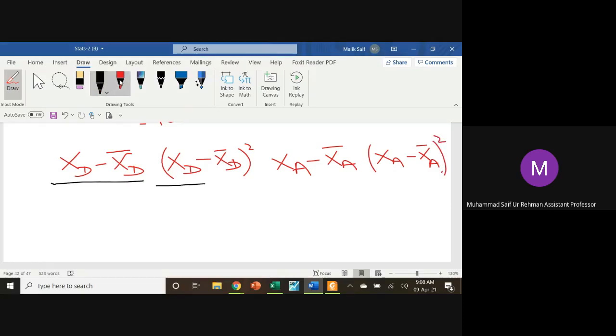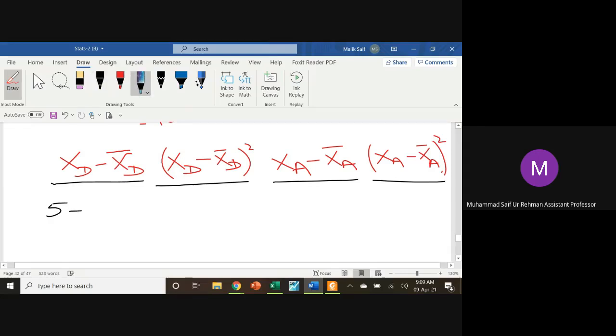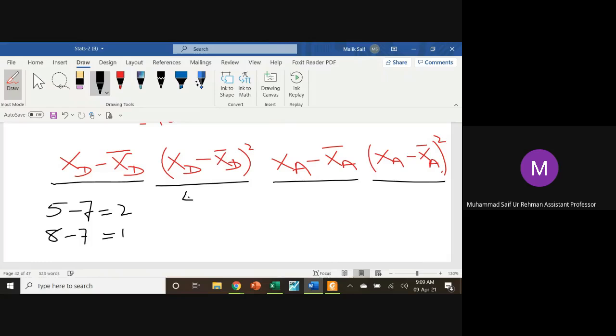So if you have your book with you, you may give me the values. The first value was 5, and the average is 7. The answer is minus 2, squared 4. The next value is 8 minus 7, 1, squared 1.